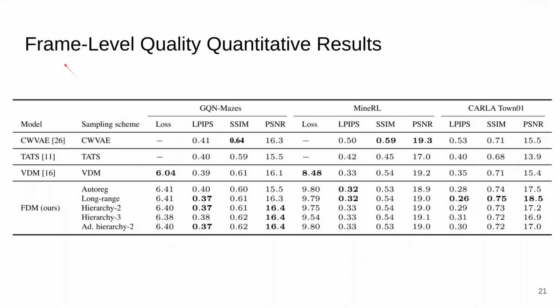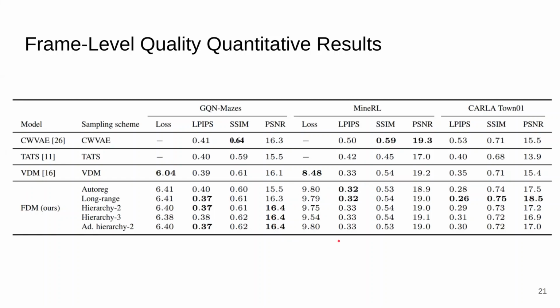And then here they talk about some frame level quality quantitative results, just to compare to previous works. All these are image level, so they just take individual frames and try to match them with different distance metrics. And we see that throughout all these sampling schemes, it doesn't really affect the image quality, which intuitively makes sense.